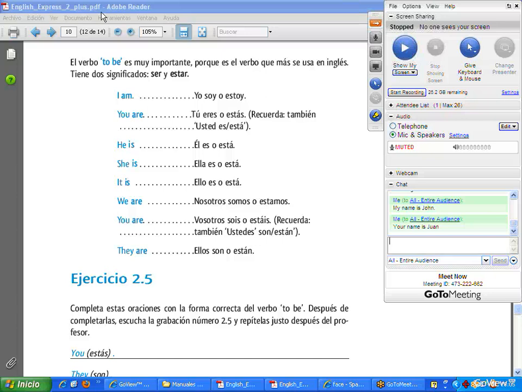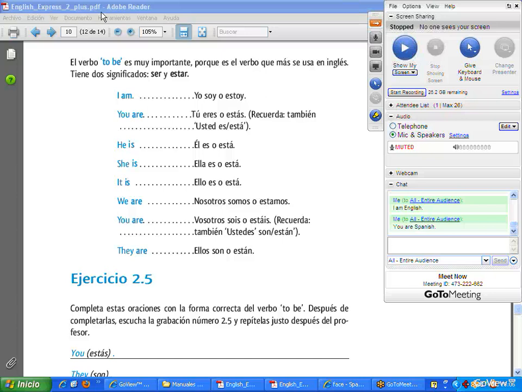But we have different ways of saying things as well, okay? That's soy. And this is I am in England. How do we say that in Spanish? We say estoy en Inglaterra. Entonces, soy inglés, estoy en Inglaterra.